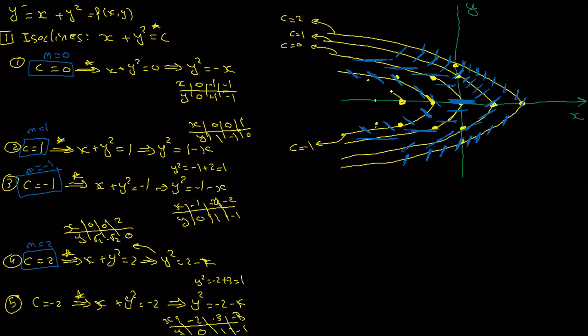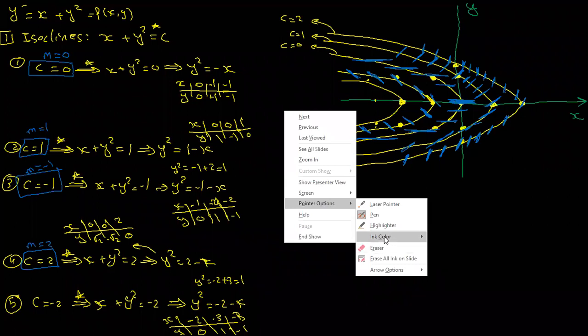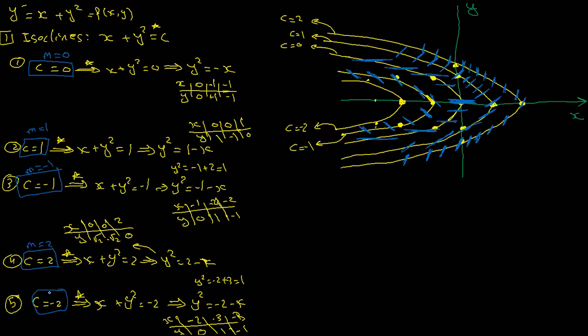So my last isocline now is also a parabola. Don't forget that this comes from C equal -2. On this isocline, you need to draw the slope field with line segments of -2 slope.